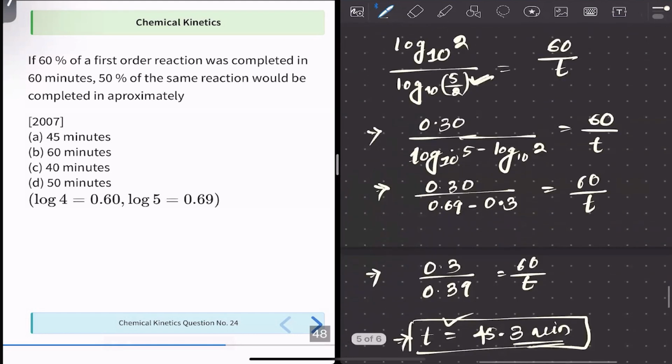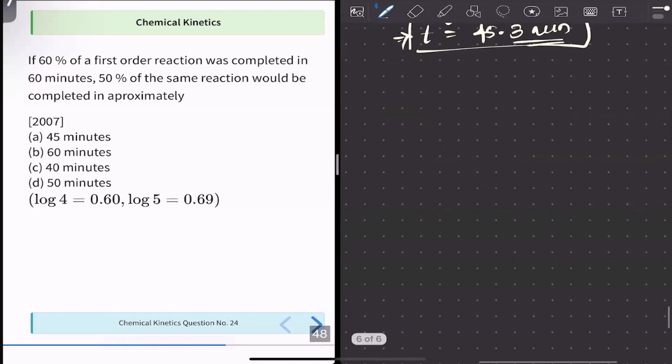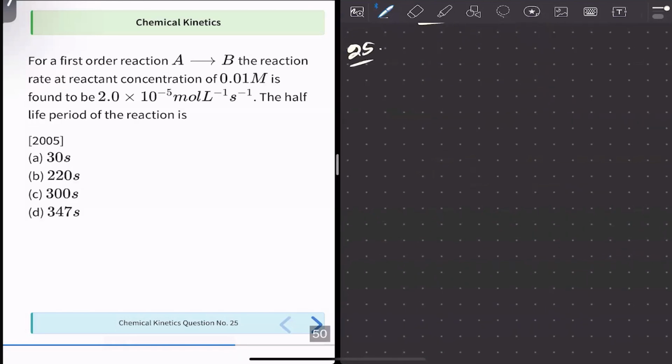So let's move on to next question, question number 25. For a first order reaction, A gives rise to B, the reaction rate at reactant concentration of 0.01 molar is found to be 2 into 10 to the power minus 5 mole per liter per second. The half-life period of the reaction. So first of all, write the reaction, and it is asking the half-life period.